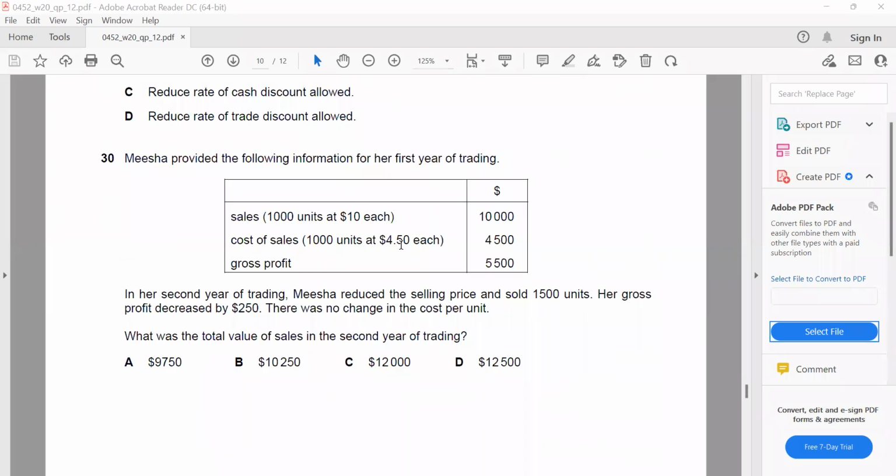Okay, now 30. Mesa provides the following information for her first year of trading: sales, cost, gross profit. In her second year of trading, Mesa reduced the selling price and sold 1,005 units. Her gross profit decreased by 250. There was no change in the cost per unit. What was the total value of the sales in the second year of trading?